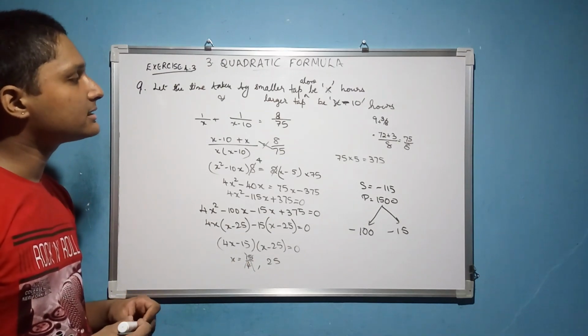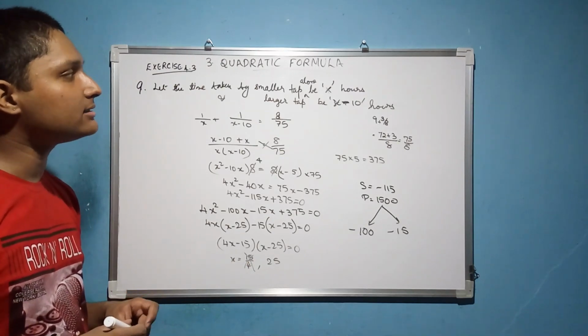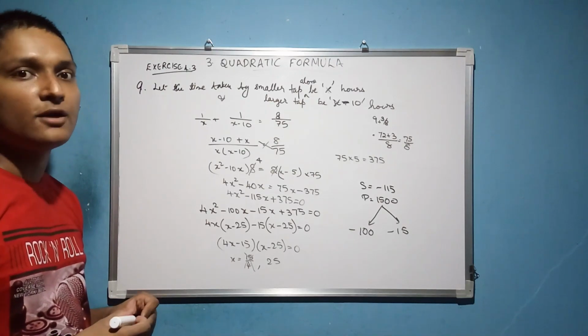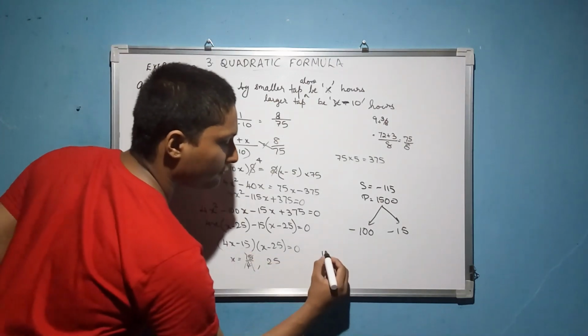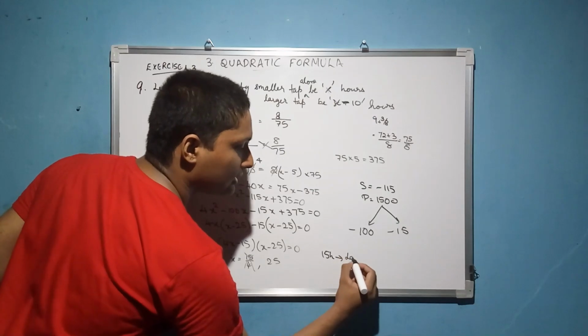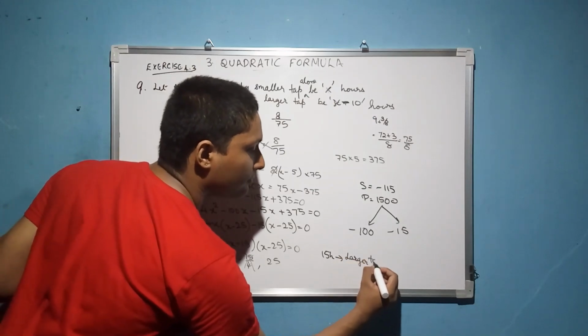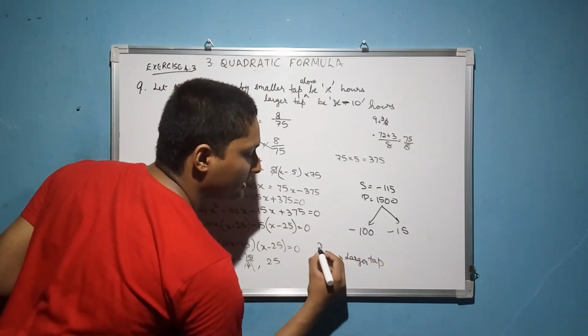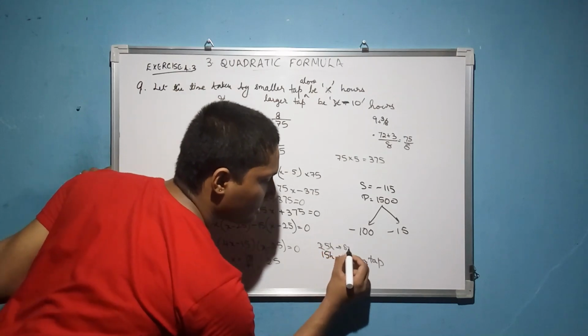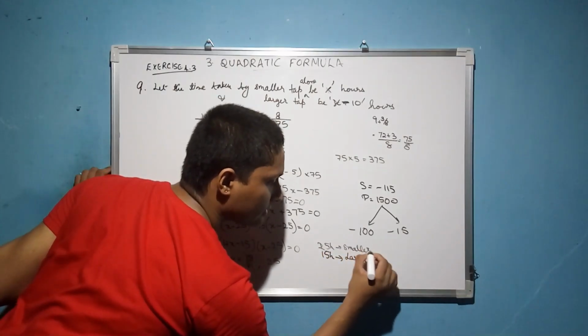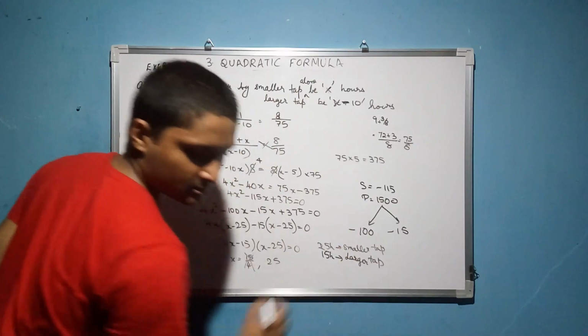If x is equal to 25, the time taken by the larger tap is going to be 15 hours. Therefore 15 hours for the larger tap and 25 hours for the smaller tap. That is the thing you are going to learn here.